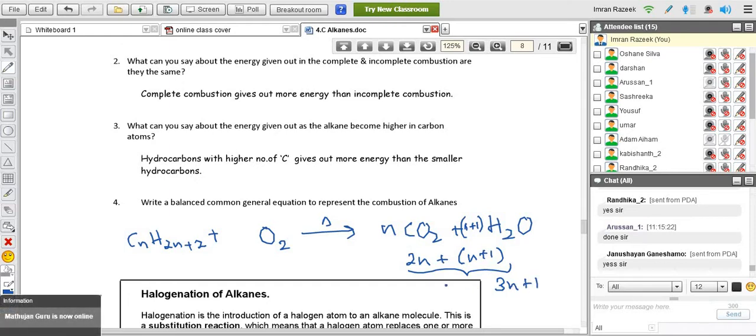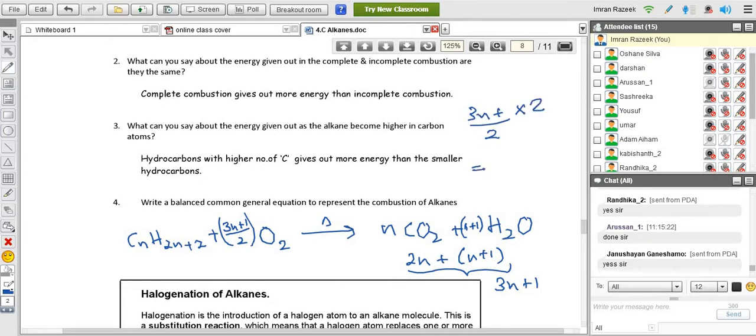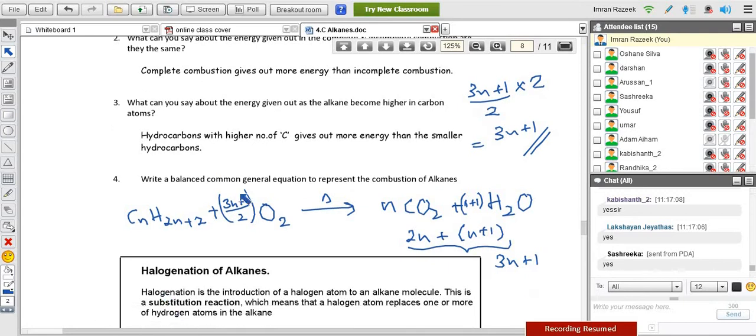So to balance the 3n plus 1 oxygen, it's (3n plus 1) over 2. Why is that? Because (3n plus 1) divided by 2 multiplied by 2 is simply 3n plus 1. So you have 3n plus 1 oxygen on the reactant side as well as on the product side. Is that clear?